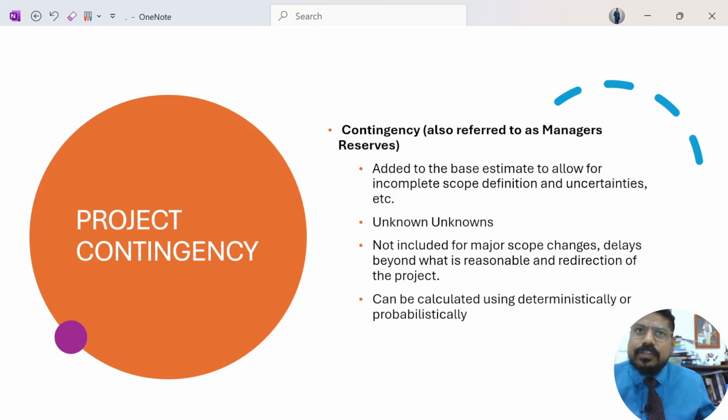And before release, management will review the whole project health, or may interview the project manager, plus any other important core team members, to understand why management reserve is needed.